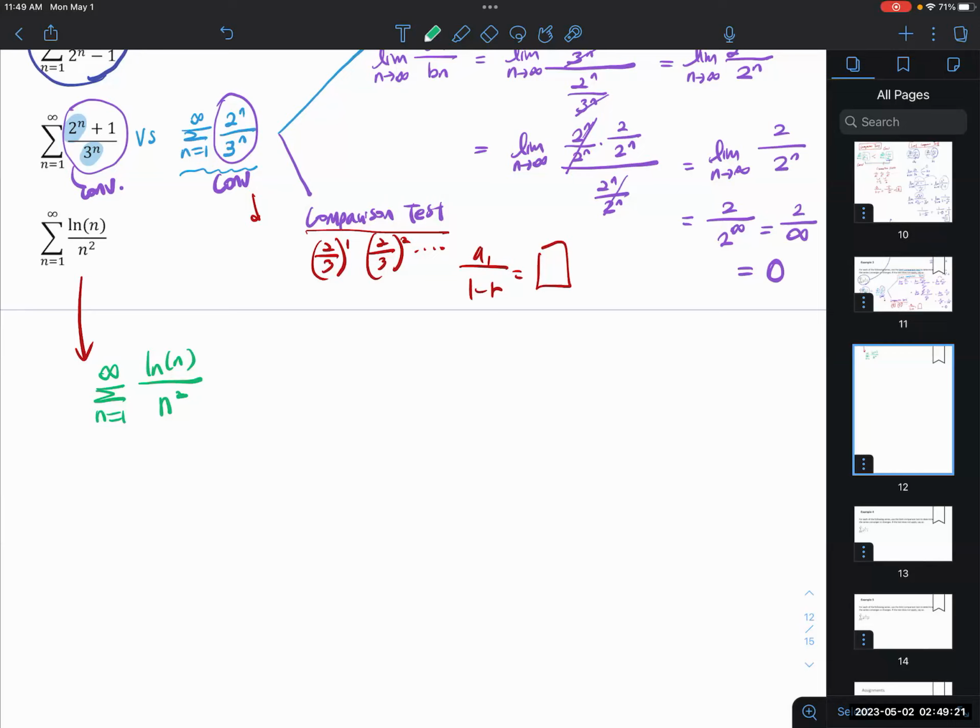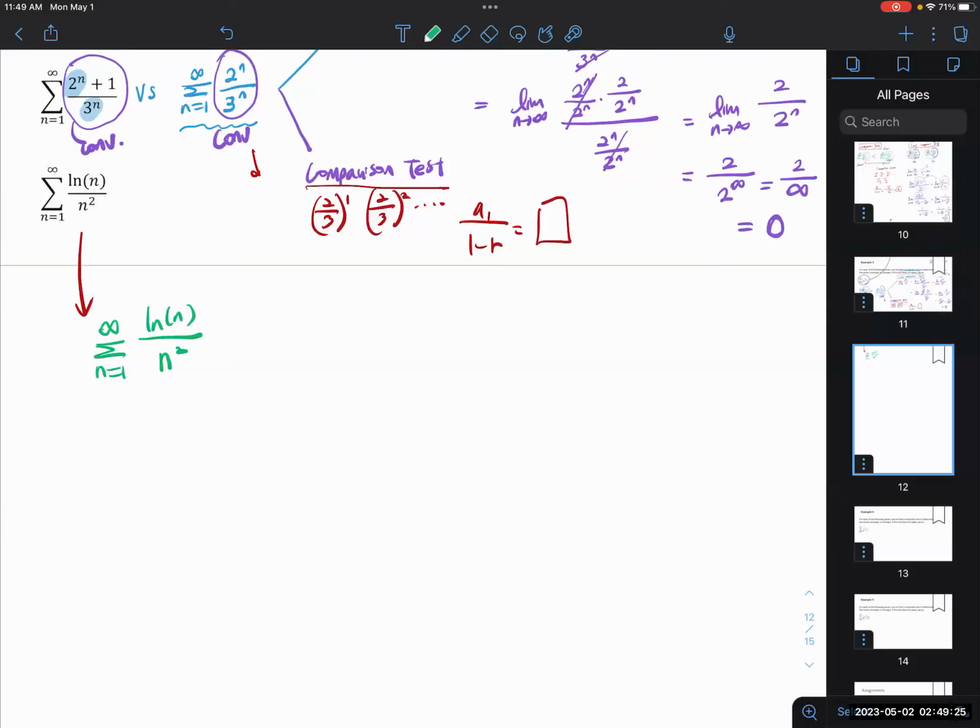Which one do you want to use? Here, I might be using two different cases. Case one, let's just do the simple one, limit comparison. So let's think about it. What are you guys going to do? We have to compare.